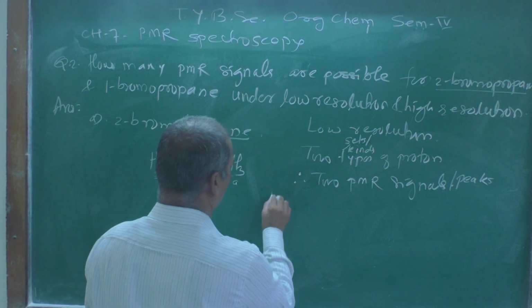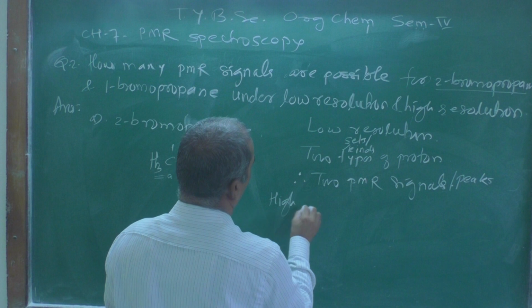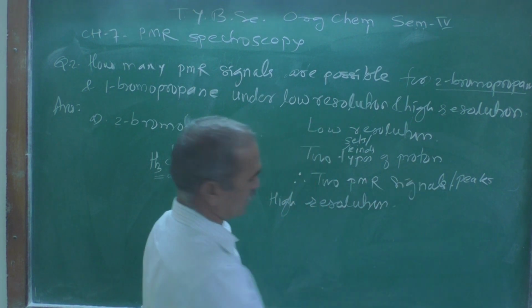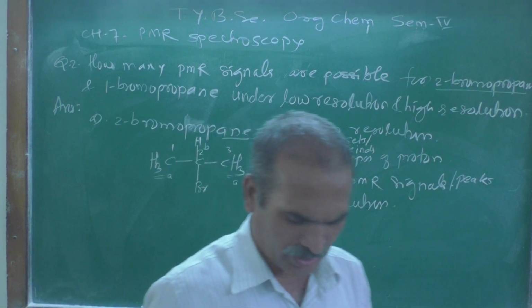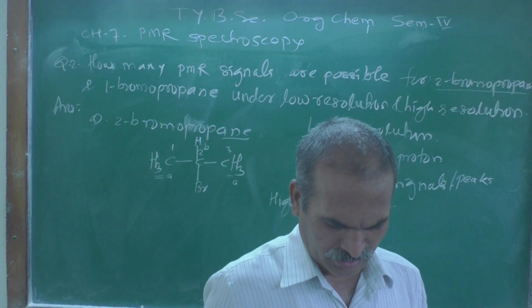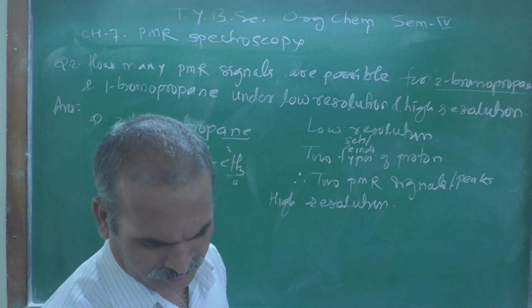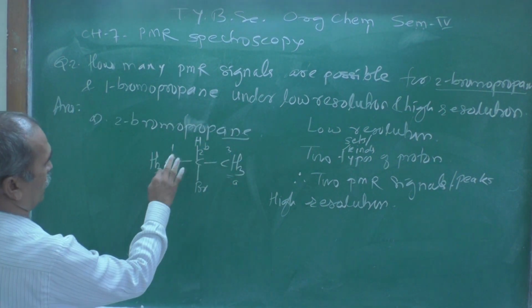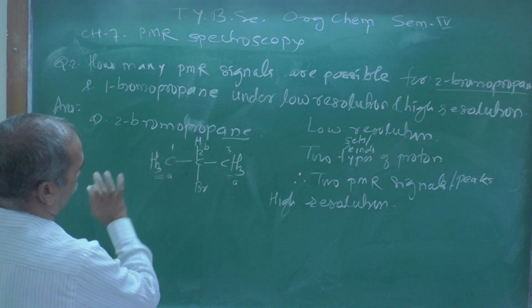Now at high resolution, how do you write this one? A proton, how many neighbors are there? Only 1.